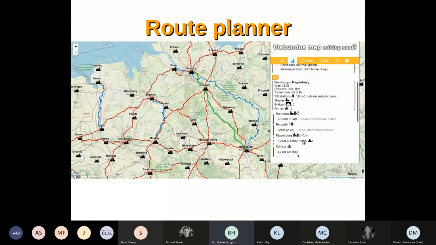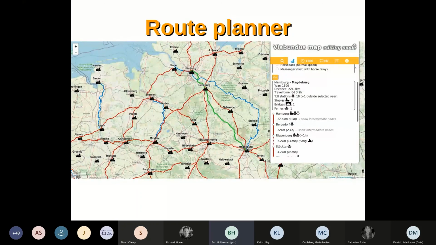Now, the route planner is still the part of the map that we would like to expand and improve in the future. At the moment, it is still very unsophisticated, but we would like to include more parameters that allow for better calculations of travel times, especially.